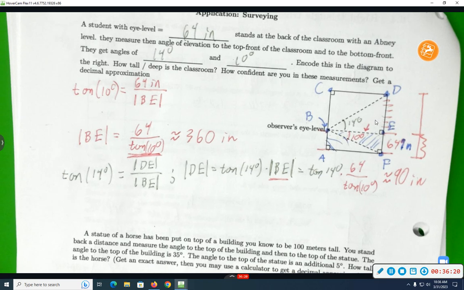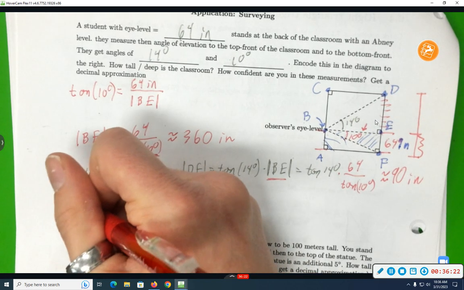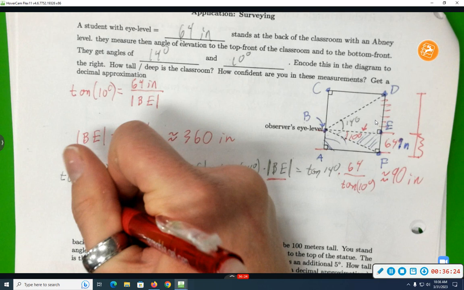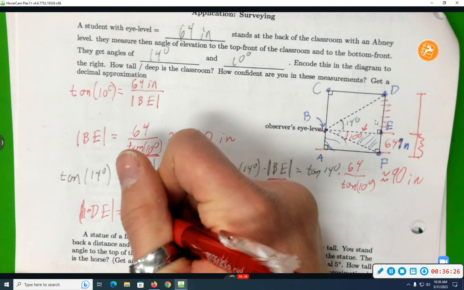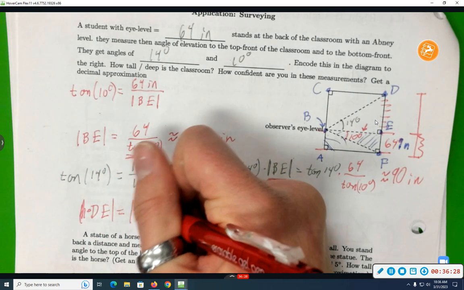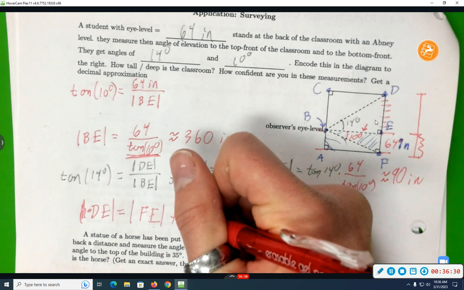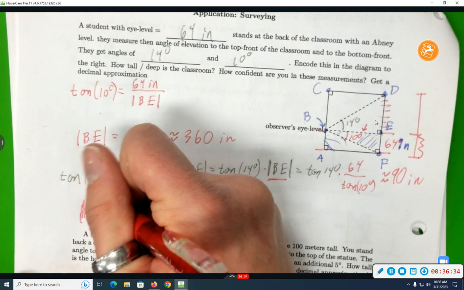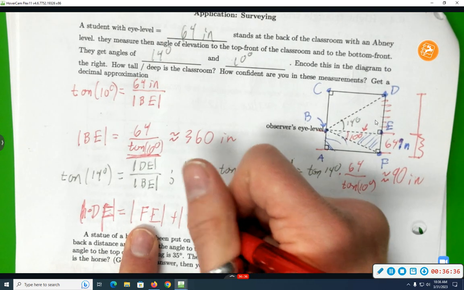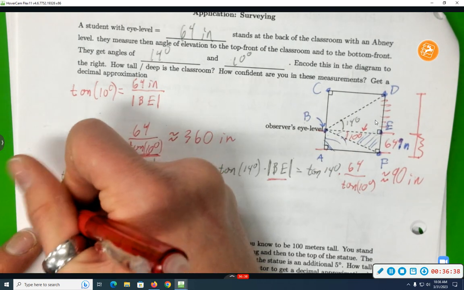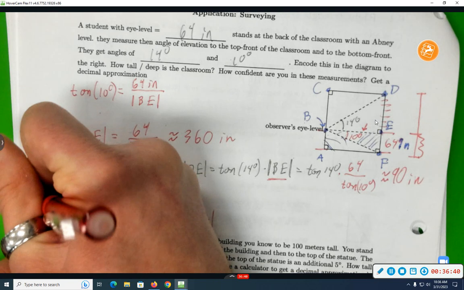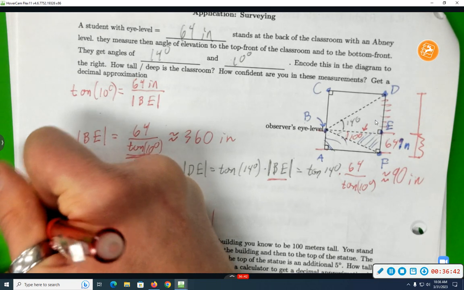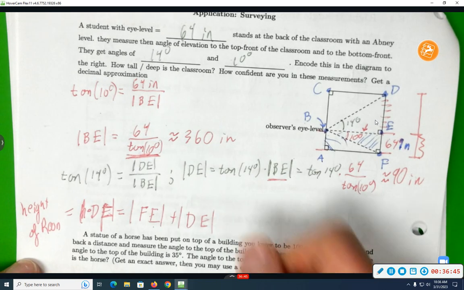So the side length DF is the thing that I actually want, and it is equal to side length FE plus the side length DE. This is the height of the room, and I now know all of these numbers.